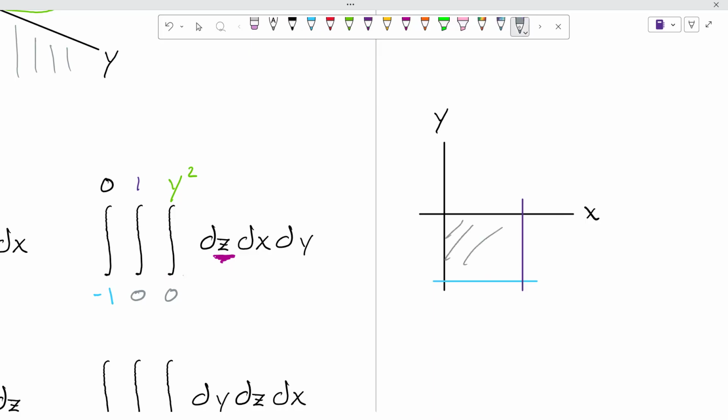And this is my region of integration. Keep in mind that we'll be staring down the barrel of the z-axis here, right? We've sort of rotated our graph or rotated our space. So we're staring directly down the z-axis and looking at its projection down into the xy plane.